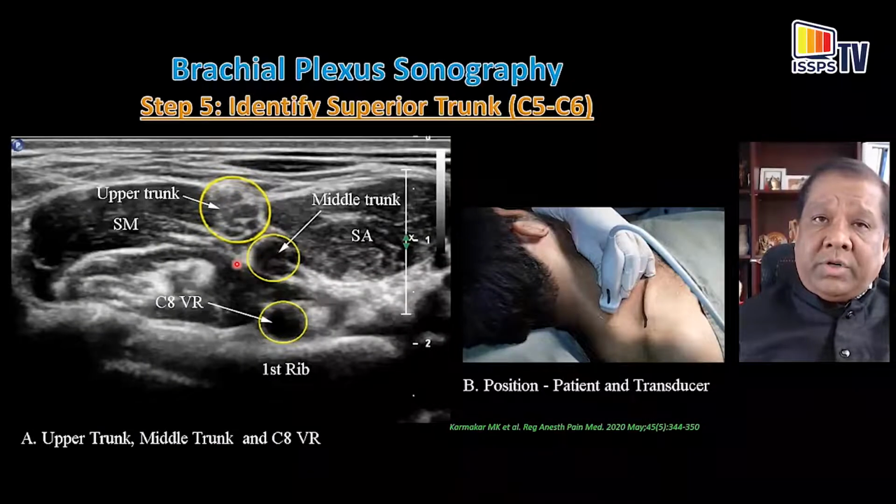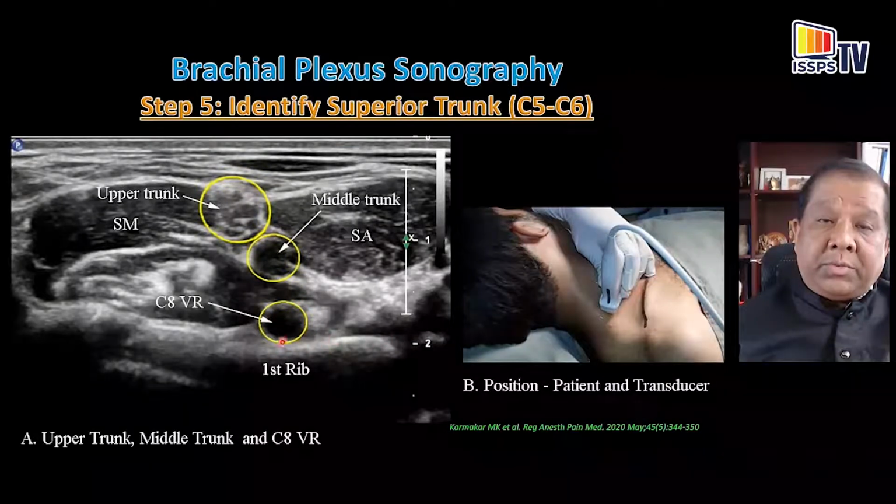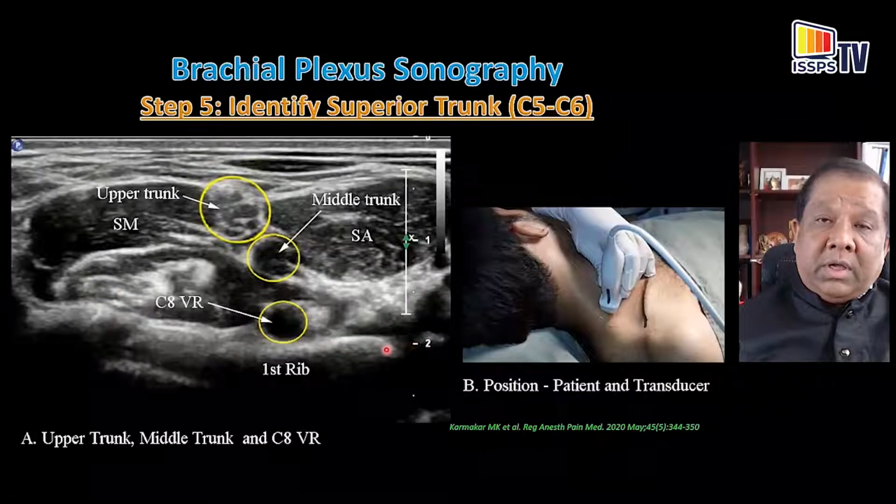From the C5, you translate the transducer in a caudal direction where you see the fusion of the C5 and C6 to form the superior trunk. The middle trunk, which is the continuation of the C7, lies distal to it, and caudal to that lies the C8 ventral ramus. This can also be identified by its position on top of the T1 transverse process and the first rib complex.